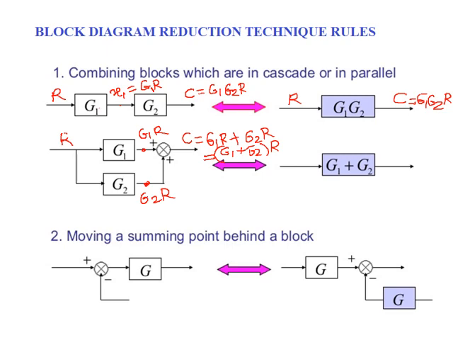Why am I saying subtraction? It depends on whether the signal is positive or negative. Here it is shown as positive, so I will put a positive sign. If it is negative, this will be negative.